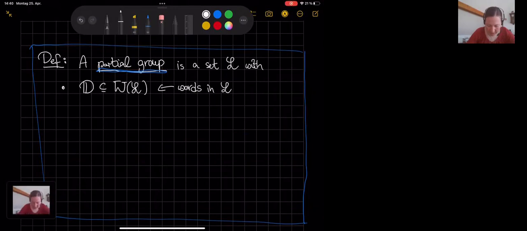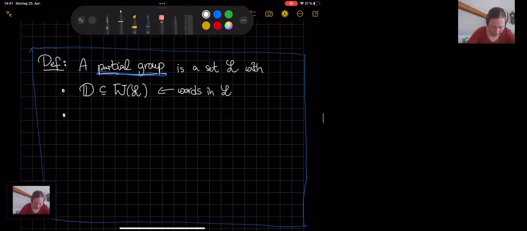A partial group is a set L such that it has some properties like a group, but the product is not defined on all of it. So we look at the product as a multivariable product, but the product is not defined on all words in L, but only on certain words. So we have a subset D of the set of words in L. And then we have a product pi, which is only defined on these words.